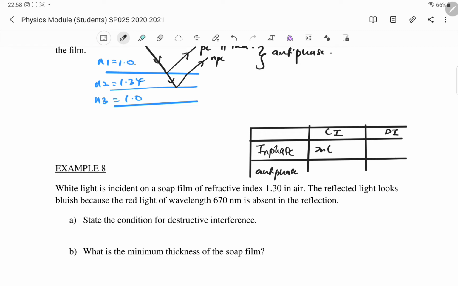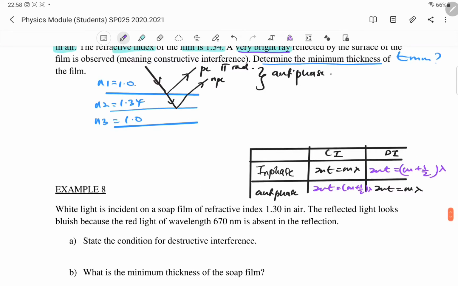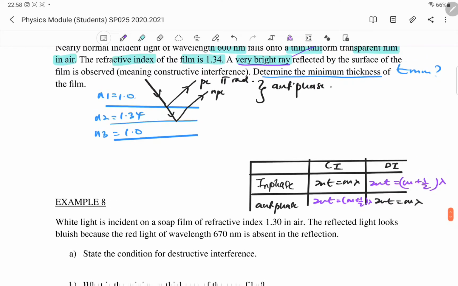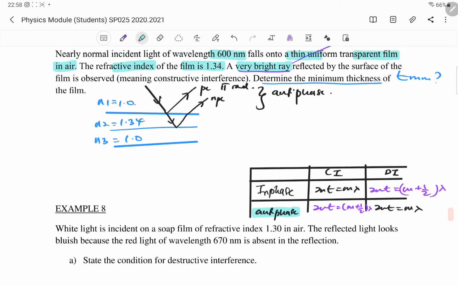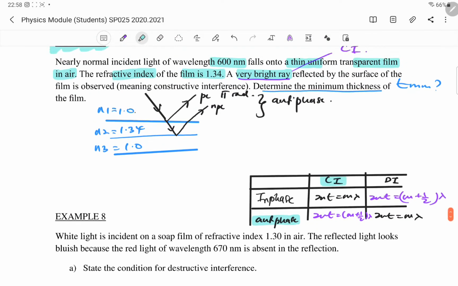So ni 2nt m lambda, but this one is 2nt equal to m plus half lambda. Okay, kita nak guna yang anti-phase, dan dia adalah very bright. Bright adalah constructive interference.